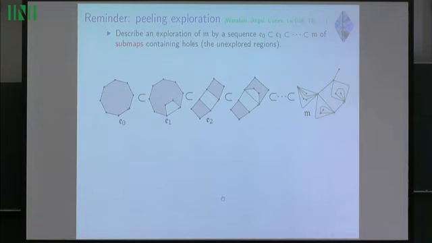One way to formulate this peeling is to say that we consider a nested sequence of submaps of the planar map that I'm exploring, where a submap is really a planar map with certain special faces, which are the gray ones here, which are the unexplored regions in the map. So one should think of this nesting as a sequence of our current knowledge of the planar map as we discover it.